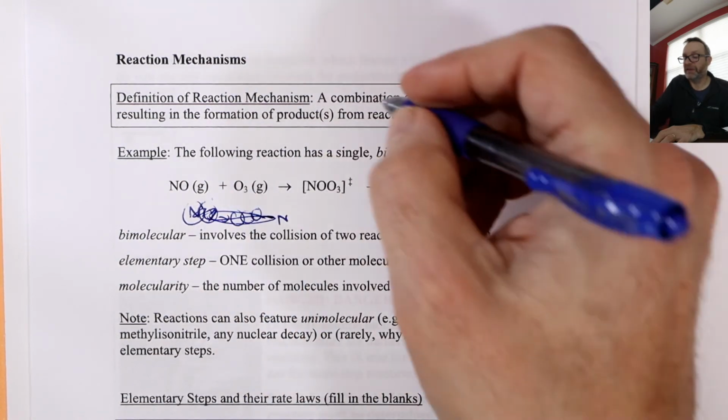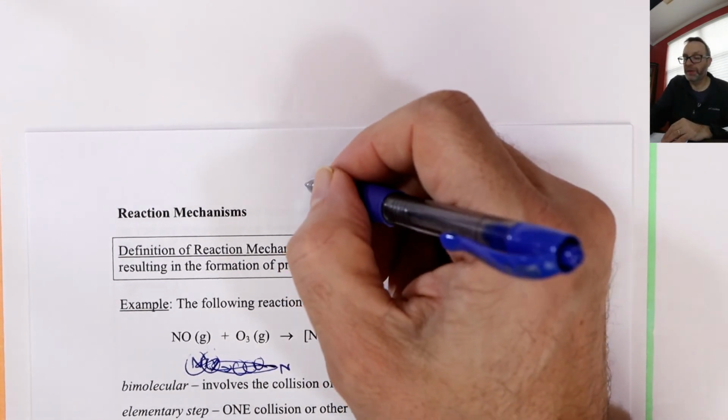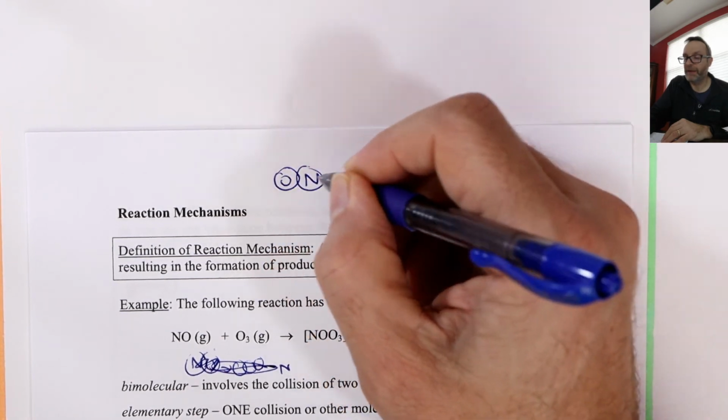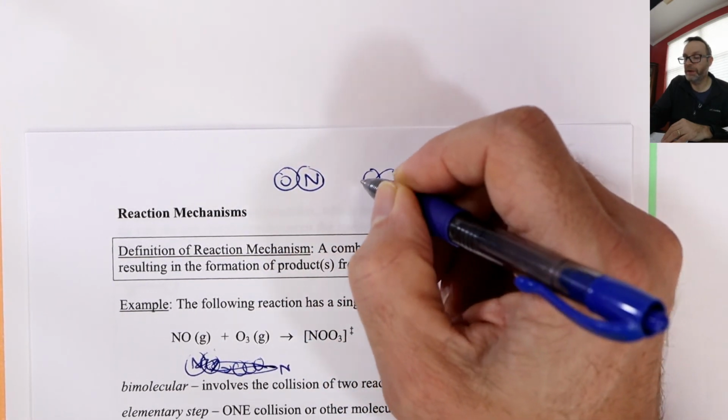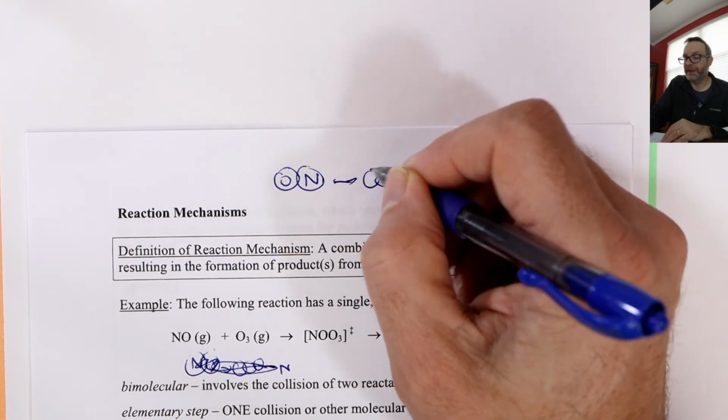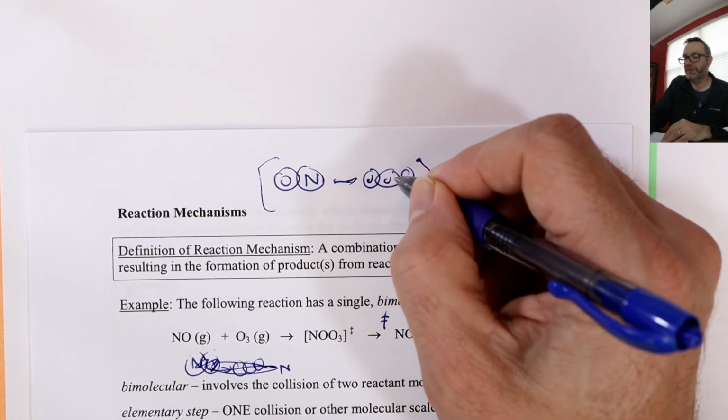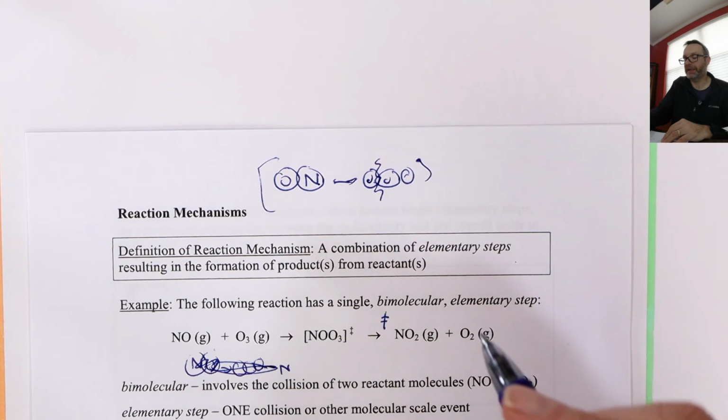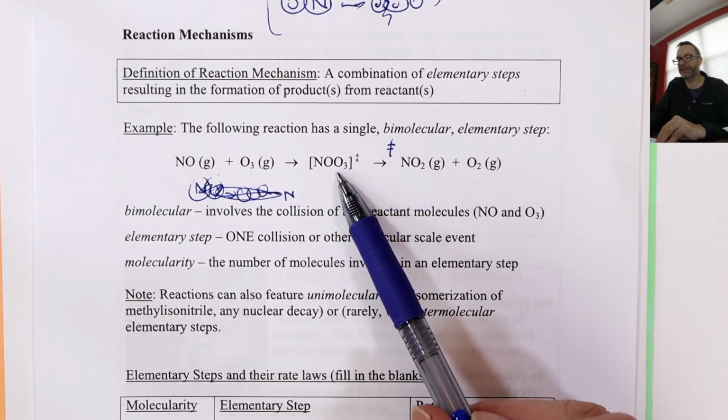NO, O, that's going to bump into there, make an activated complex, and that's oxygen. That bond will break, that bond will make, and we get these products. So there's our activated complex.